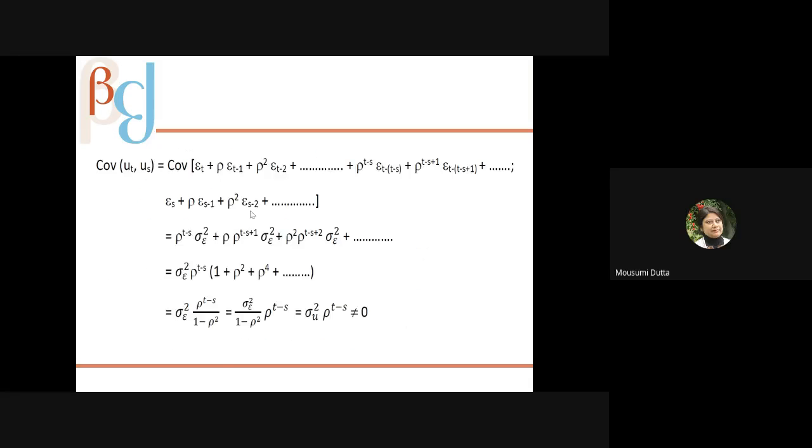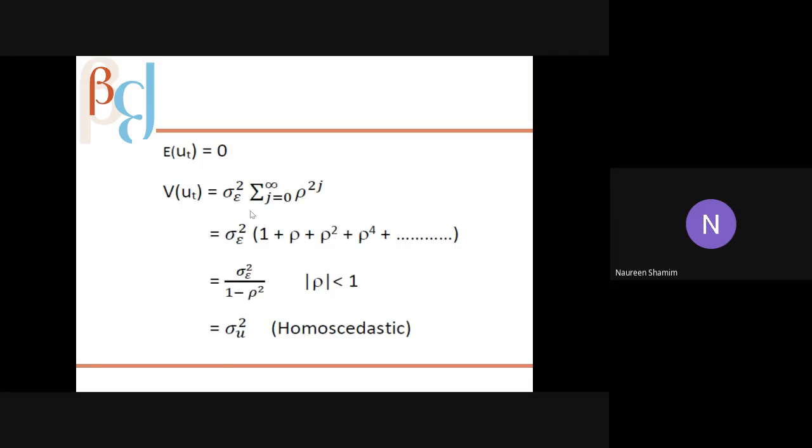As we do so, we already got, if I consider the expectation of ut square, what is the value of expectation of ut square? Sigma epsilon square.